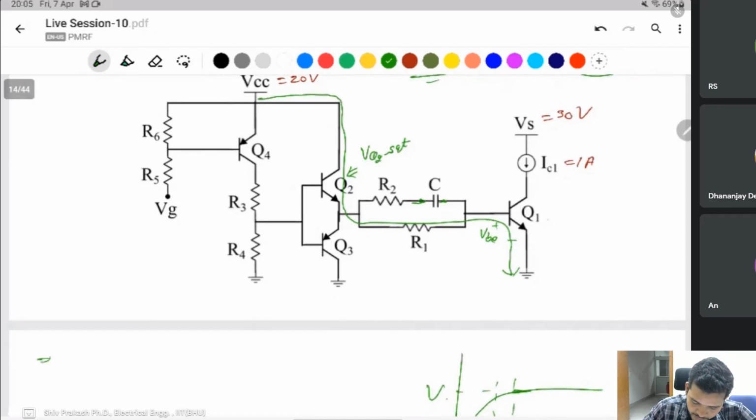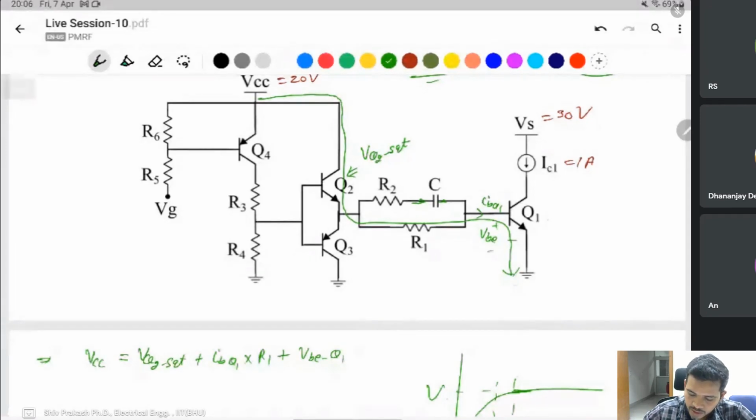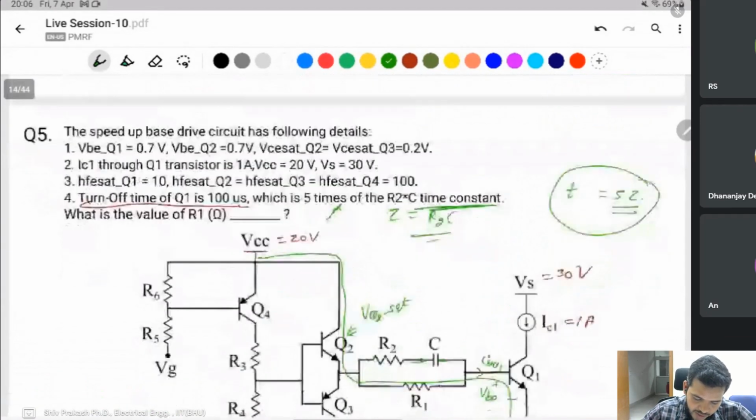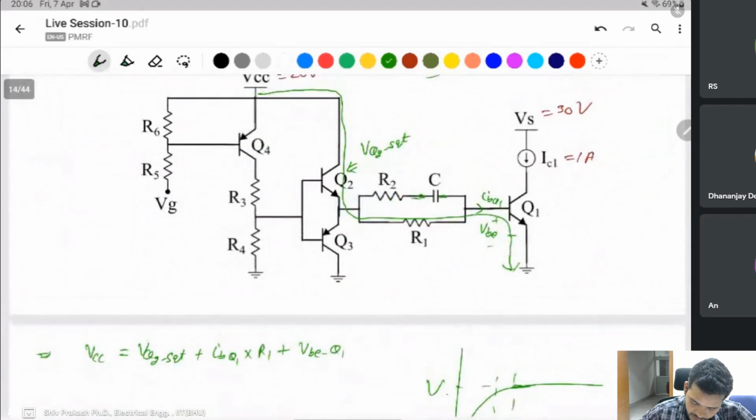VCC is equal to VQ2 saturation, plus IBQ1 into R1, plus VBQ1. We require VQ2 saturation, IBQ1 and VBQ1.